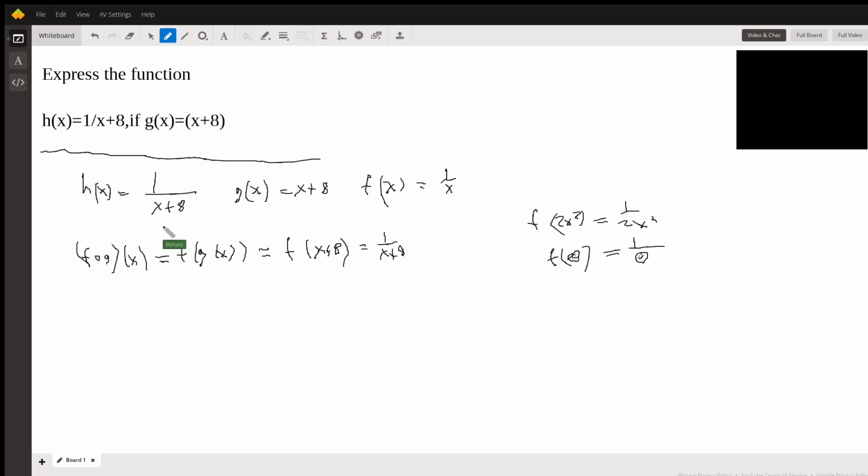And so now we understand the relationship between h and g and f. We can write that h of x is just f of g of x. That's it. And that's called a composite function.